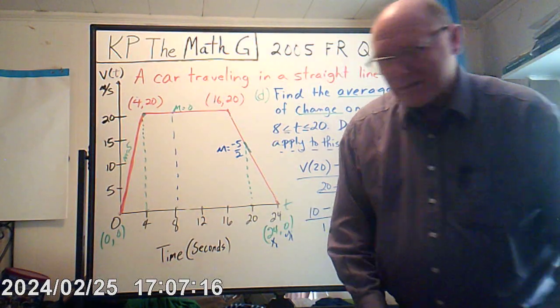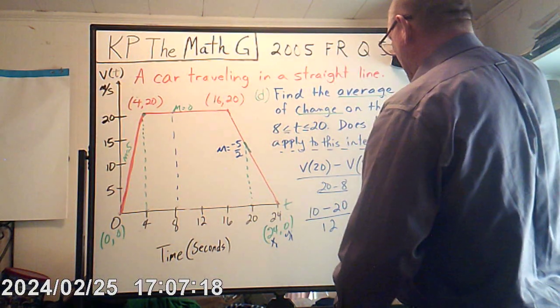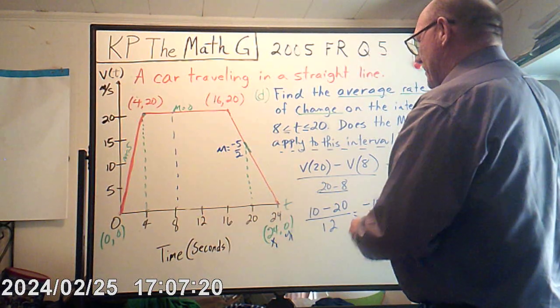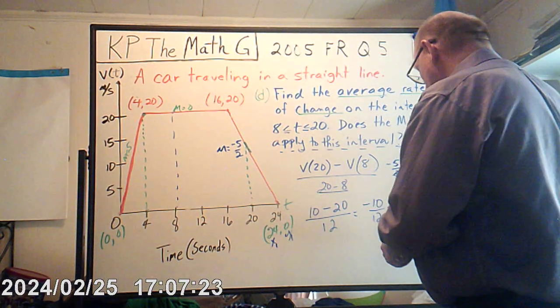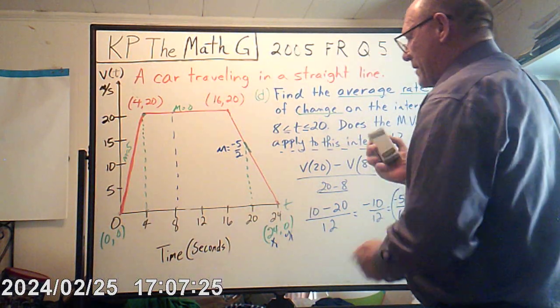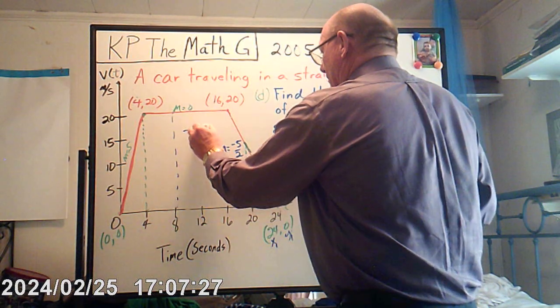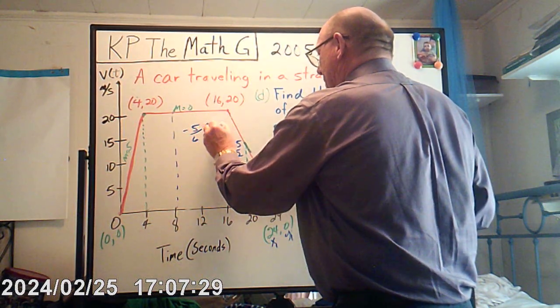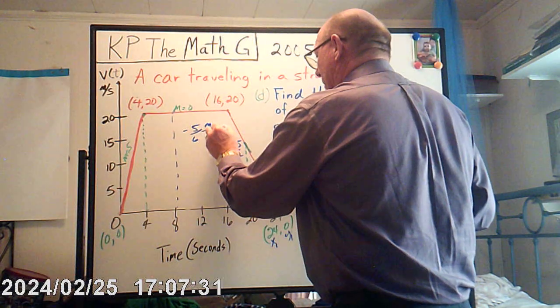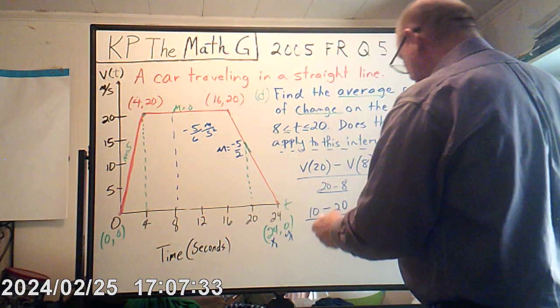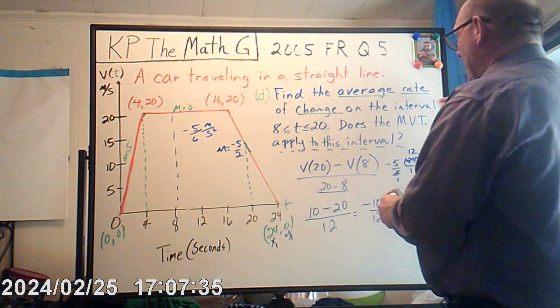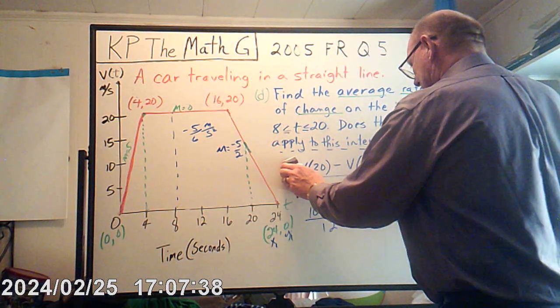Why or why not? Let's take a little time. First of all, let's keep this on the side. We know that that is equal to negative 5 over 6 meters per second squared. That's the average. We found the average rate of change.